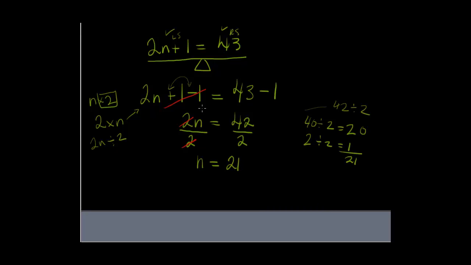This is showing each one of these steps, canceling out on one side and doing the same step on the other side, keeping that scale balanced all the way along. The eventual goal is to get this n all by itself. It's sort of like a sentence to isolation in prison.